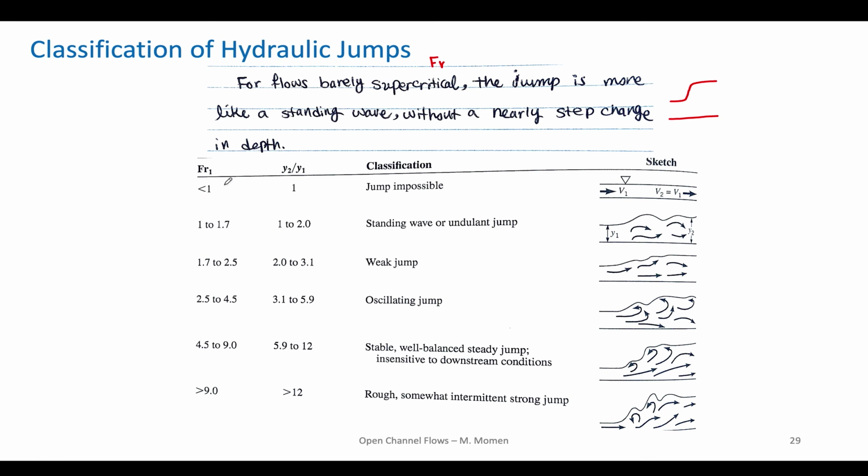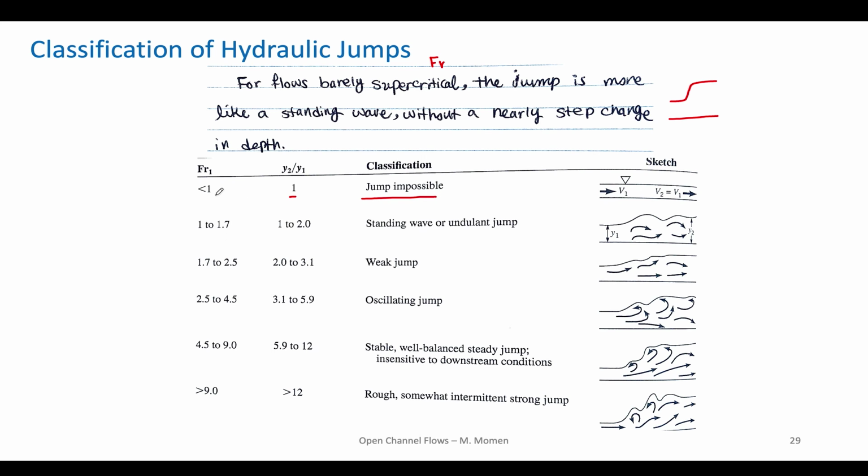Okay, so let's look at different conditions that can happen. If your upstream Froude number is smaller than 1, a jump is impossible. So y2 over y1, if you can assume negligible head loss, is going to be always 1. Okay, so jump is impossible.